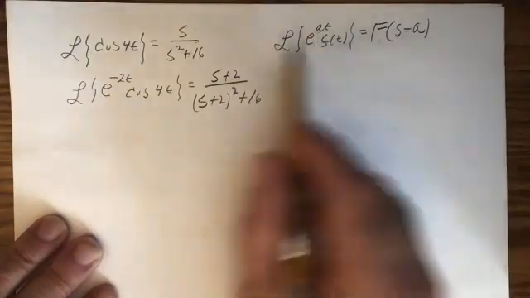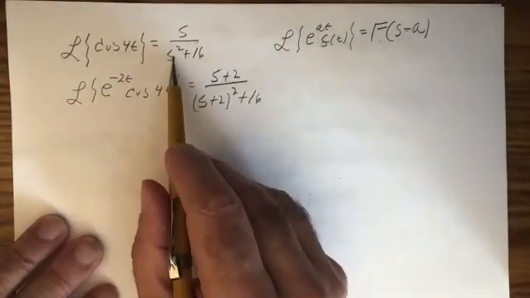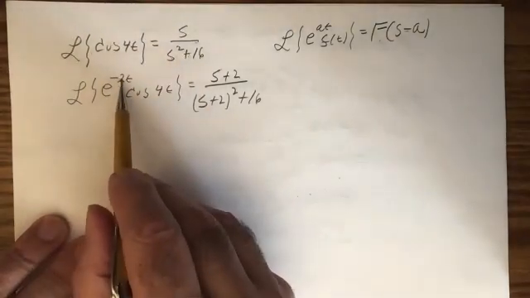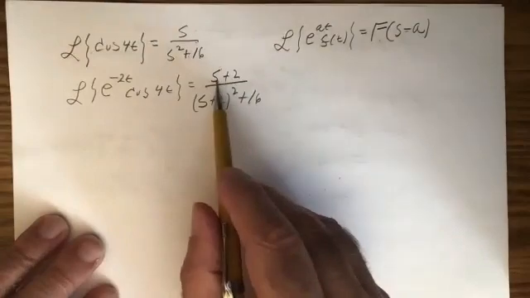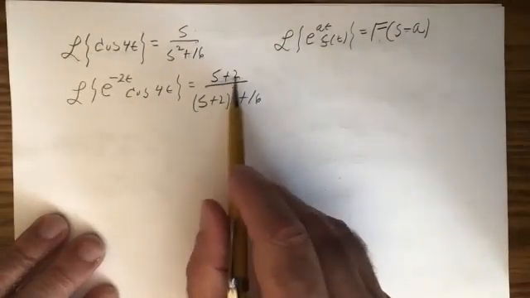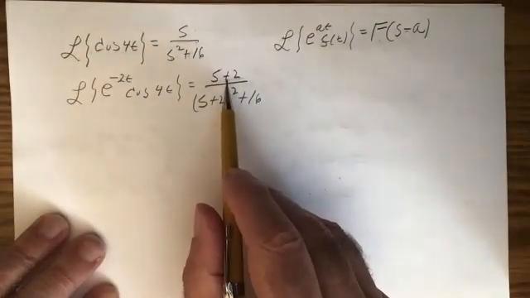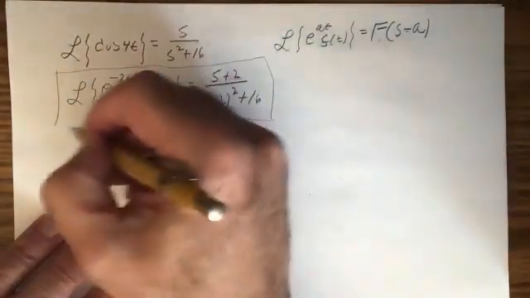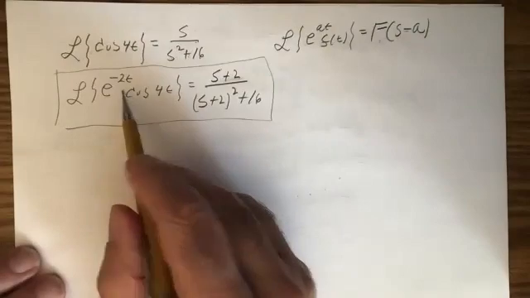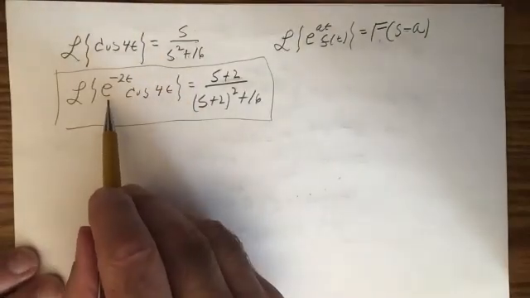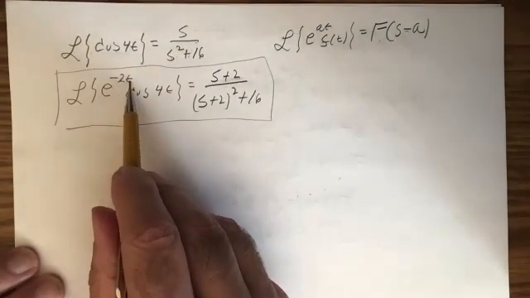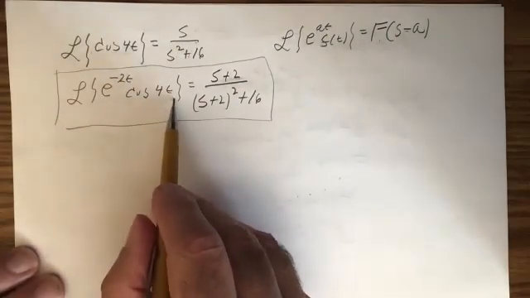If a is positive, we shift s to be s minus a. Here I have a plus 2 and there a minus 2, so I shift the s to be plus 2. This is the Laplace transform of e to the minus 2t times the cosine of 4t.